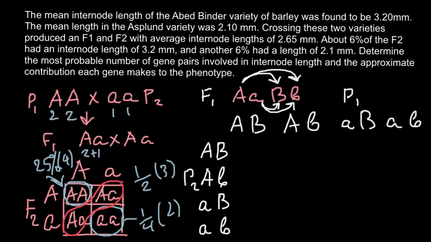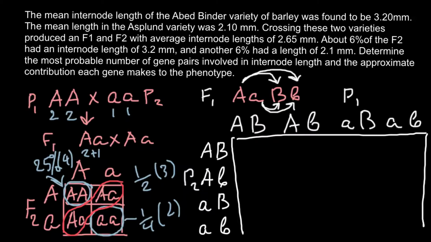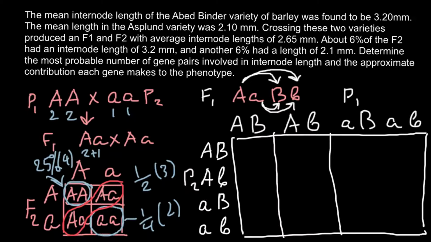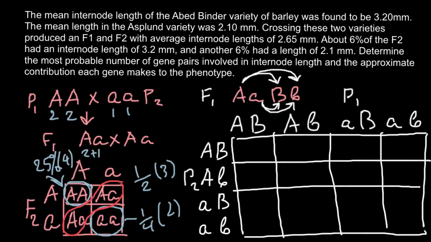And now we can build a Punnett square. This time it is going to be a 4 by 4 square, which means that here we would have 16 cells with different genotypes.